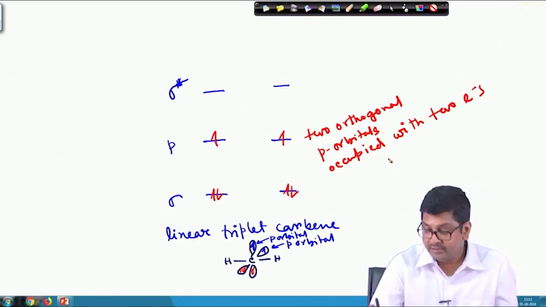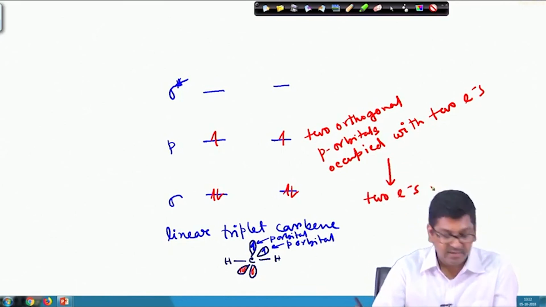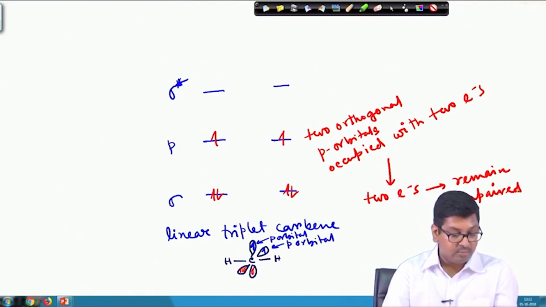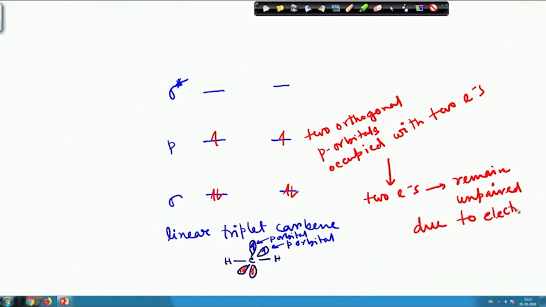These two electrons remain unpaired due to electronic repulsion.